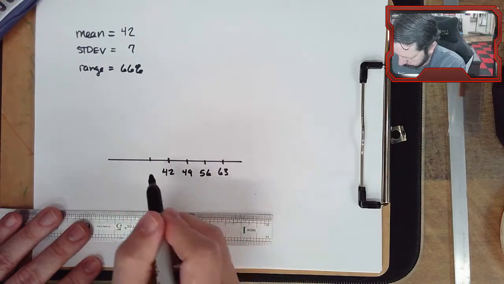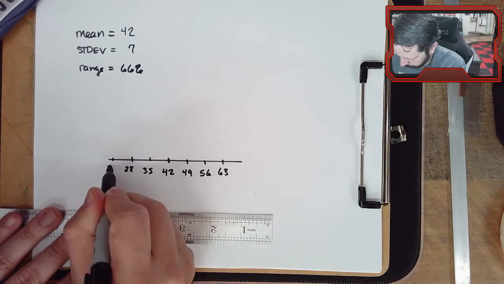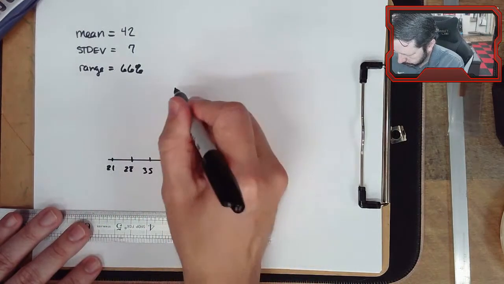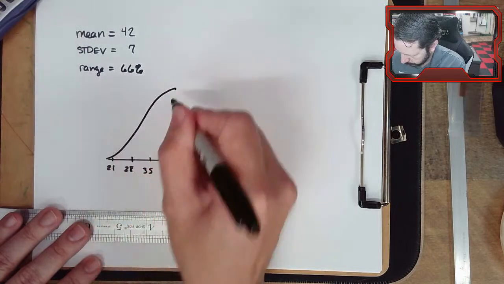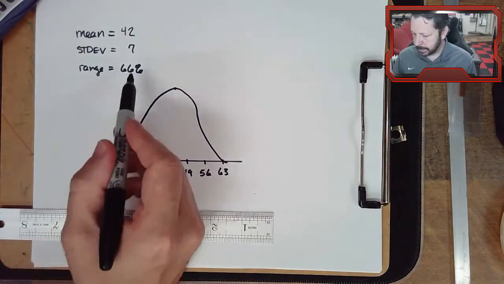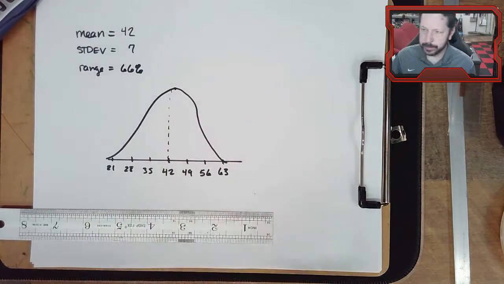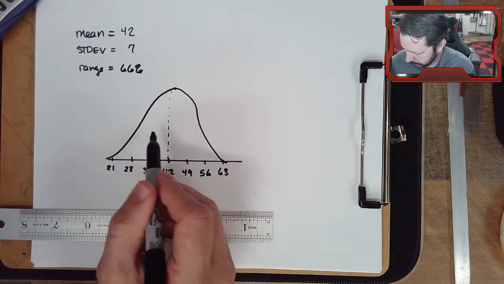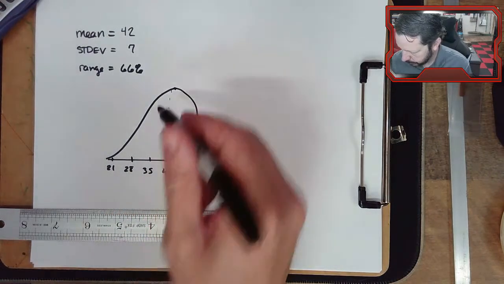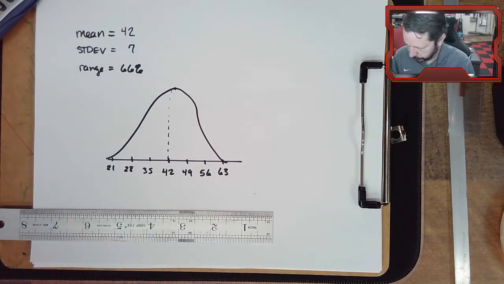And then subtract off 7. Okay, and 66%. So half of it is right here. It should be symmetric, so that should be 50%. So 66% is going to be, we're going to guess. Let's do it in a different color. I have green over here.